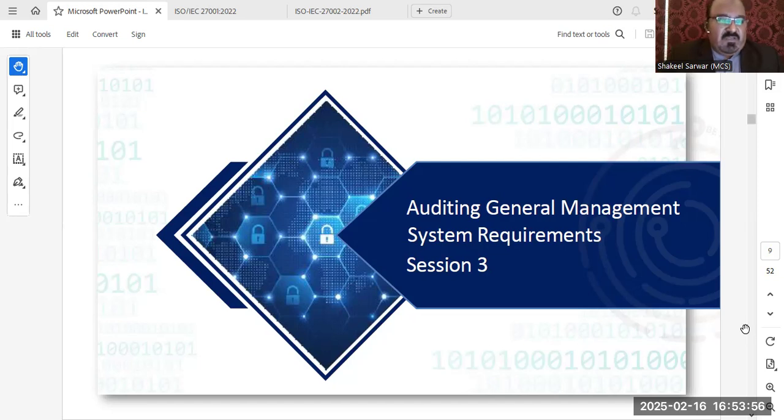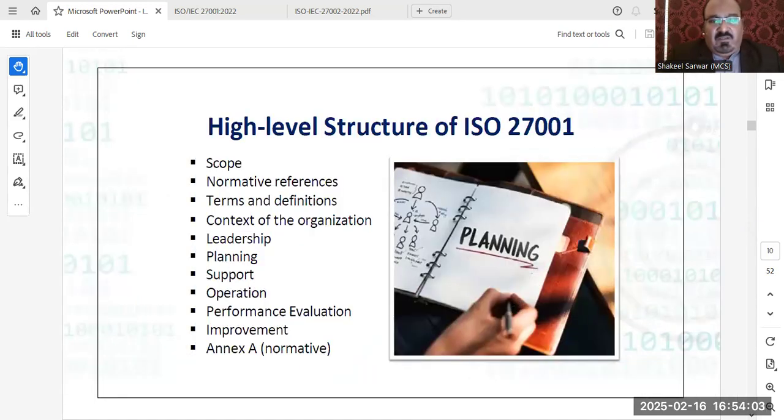So we start with session 3 of auditing general management system requirements.